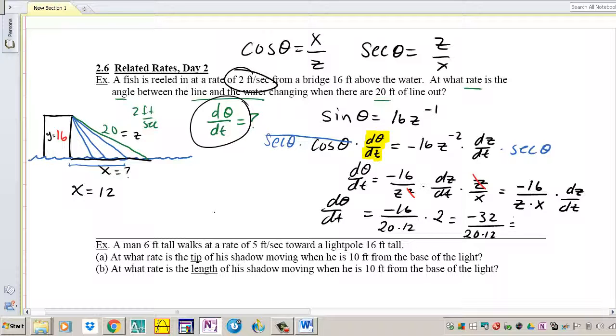Well, let's go ahead and reduce this. 32 over 12 is the same thing as 16 over 6, and that's also still reducible. That becomes 8 over 3. And 8 and 20 are also reducible. So that means that my final answer should be 4 over 10.